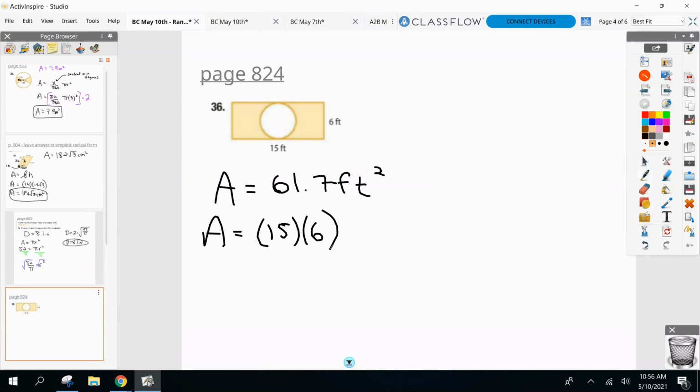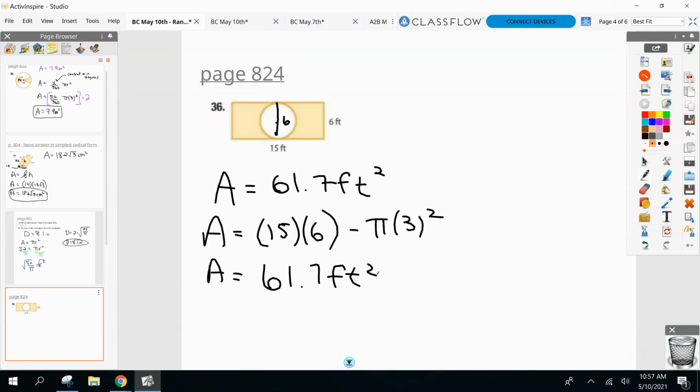Yep. Now what? And then I did pi r squared, which is pi times 3 squared. Okay, yep. 3 coming from half of this diameter, which was 6. Good. And then we went on our way here. I can tell you there will be shaded regions tomorrow, but not as easy as that one. Good work, Anthony.